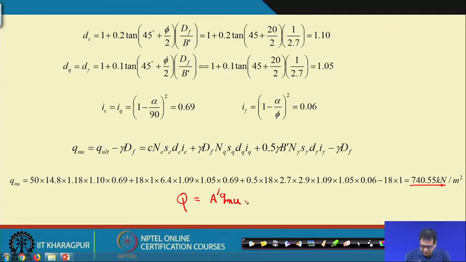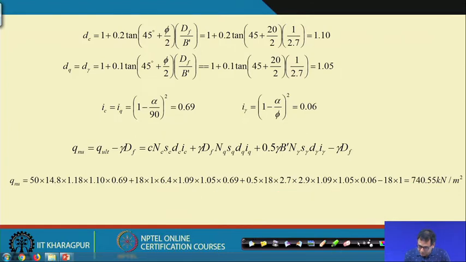If I want to calculate the safe load, then this will be A dash into Q net ultimate divided by the factor of safety, which is 2.5 to 3. So, this is the Meyerhof approach by which we are getting this value.